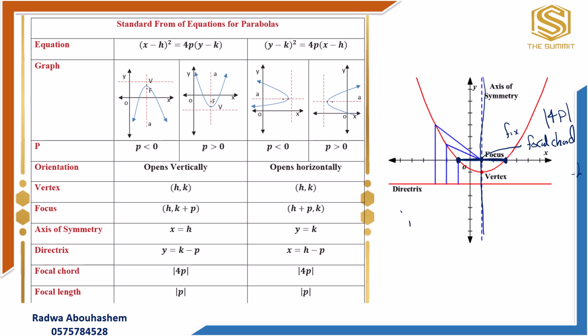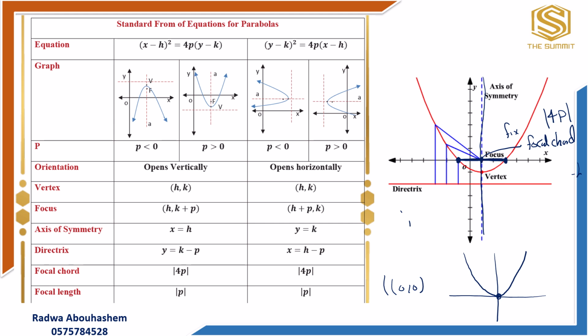After you know this terminology, let's go for the rules for the standard form of the parabola. But before we go for this, originally, while you're drawing any parabola, the vertex would be the origin, 0 and 0. But you could shift the parabola up or down, or right or left.